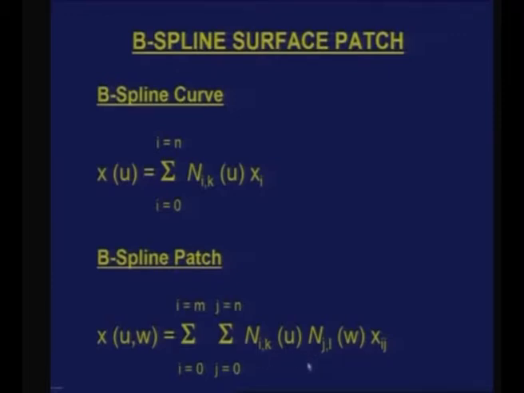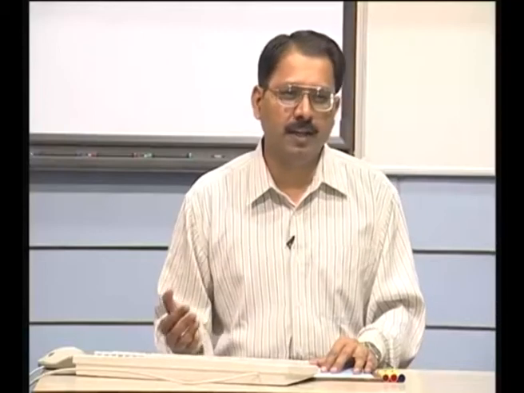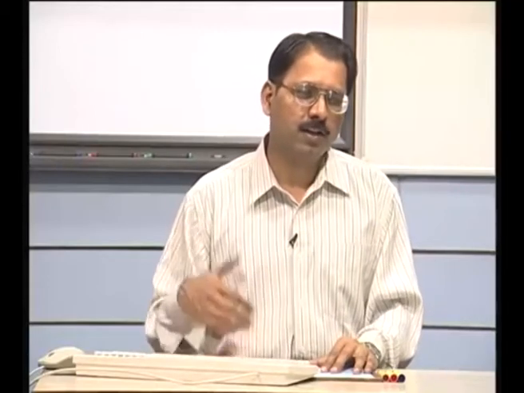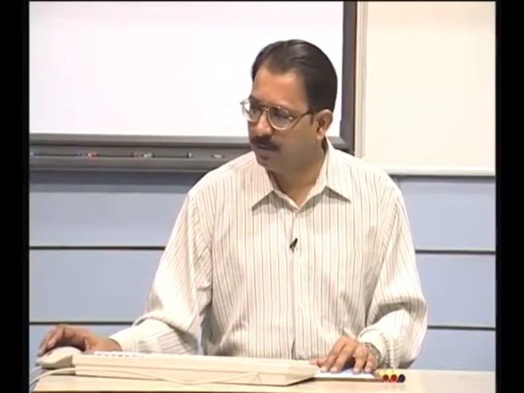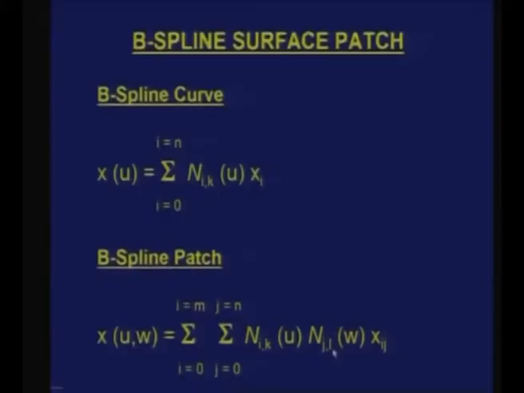This shows that the value of k, which we used to select whether you want a cubic or quadratic equation, can be different in both directions. Like I can say that it is cubic in the u direction, whereas I want one order higher or lower in the w direction. So, that is why you associate another input which is L. So, what is the input which I give in order to define a B-spline surface patch?